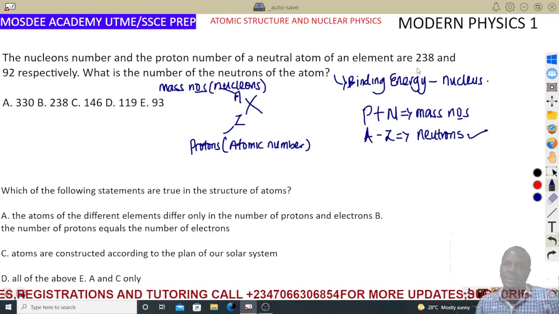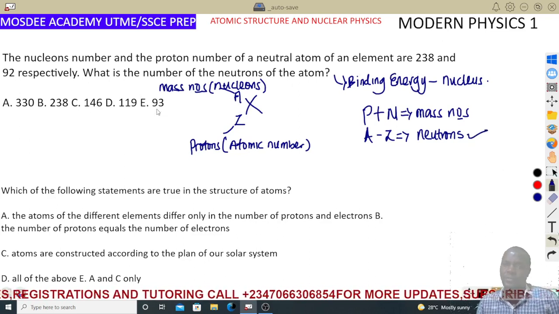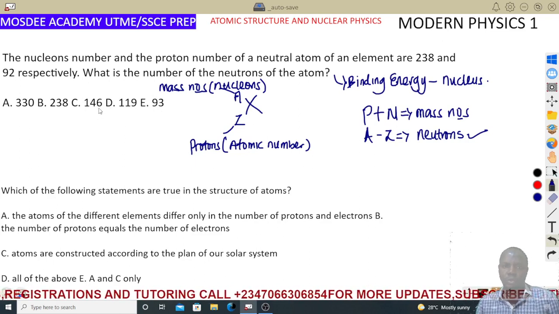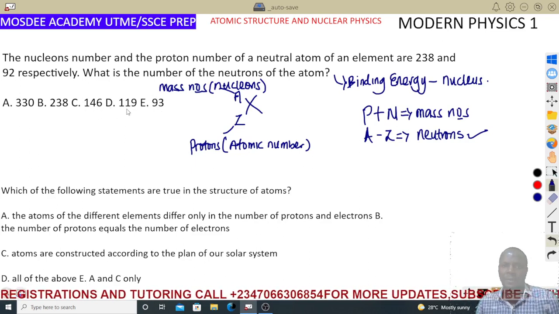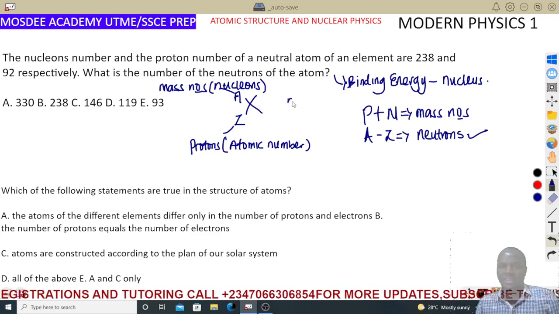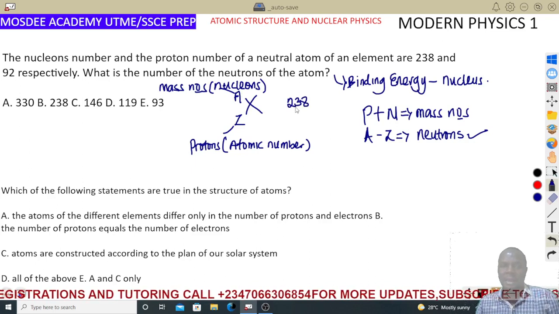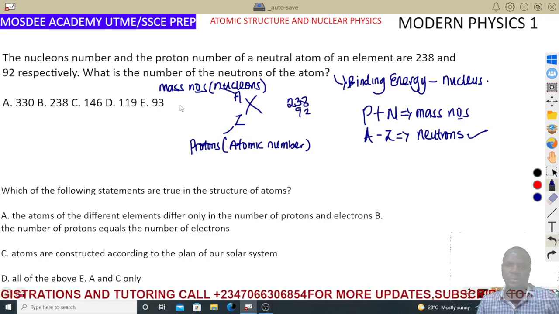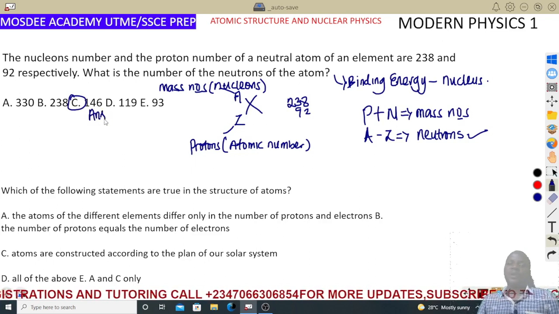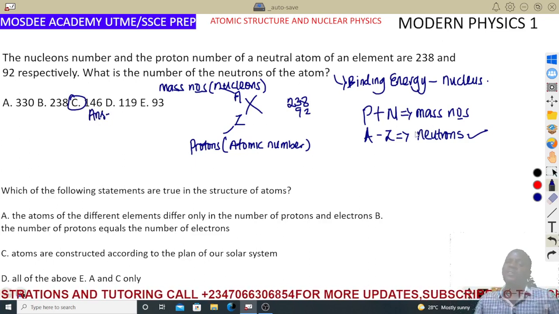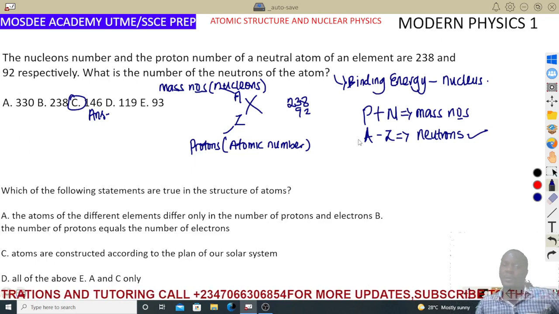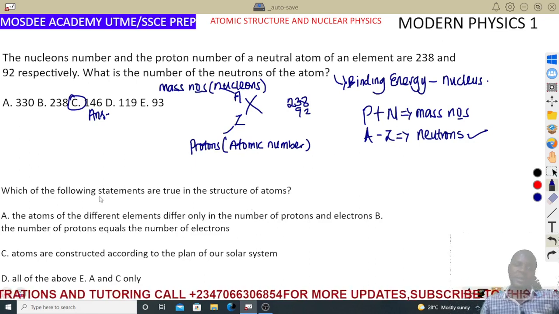So 238 minus 92 will give you the answer, 146. So this is the answer, guys. I still need to talk about how to calculate the binding energy in atomic mass units, but because of time, I will talk about that as we move forward.